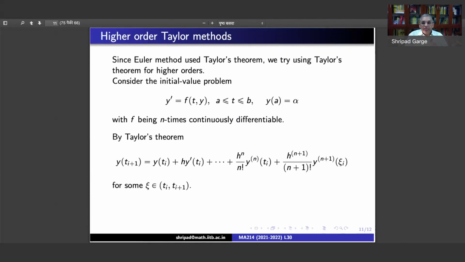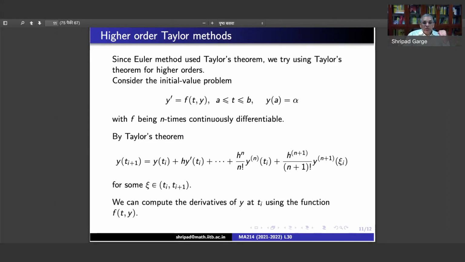Taylor's theorem will give an expansion of the i+1th value of y in terms of the ith value of y, the derivative at the ith value of y, and so on up to the nth derivative at the ith value of y. And the truncation error is given in terms of the n+1th derivative at some xi_i. This is our standard statement of Taylor's theorem. So this is the value that we are going to put in and obtain the difference equation.